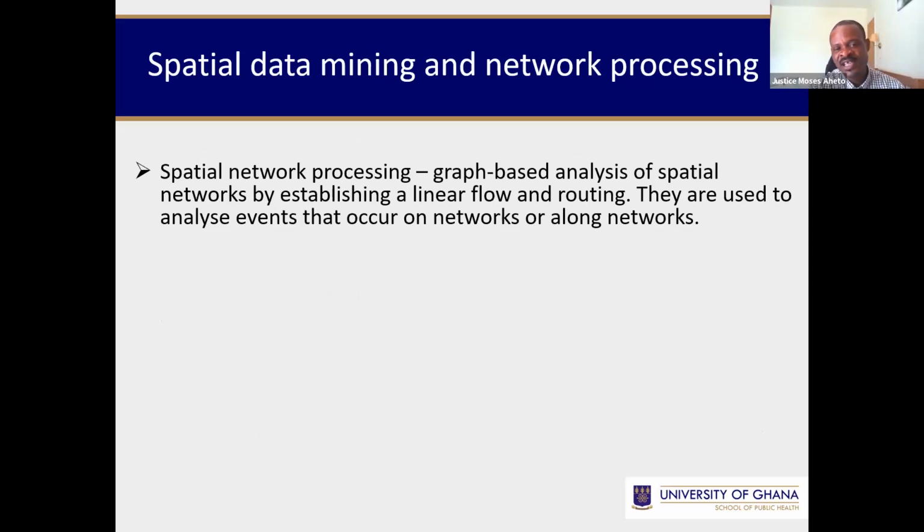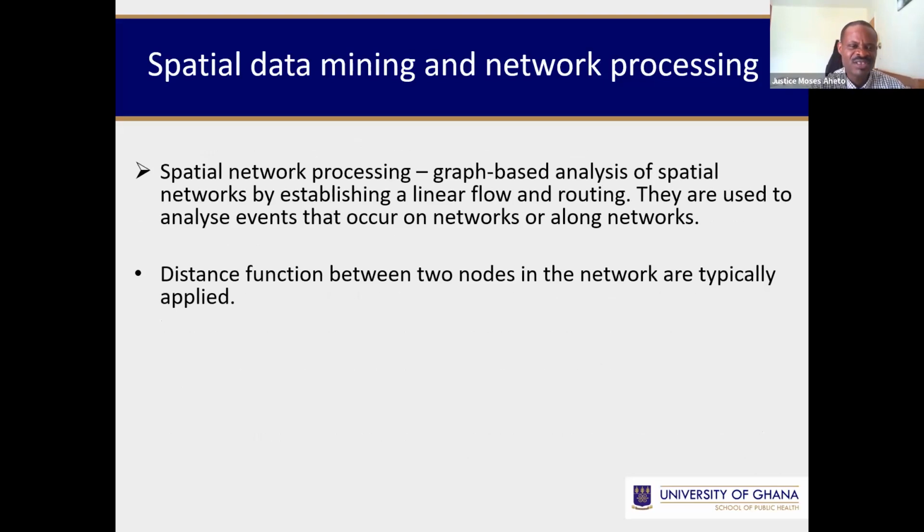Spatial network processing is actually done trying to establish just a route. And here, it's actually a function of distance, to be frank. The network is a function of distance between two nodes.